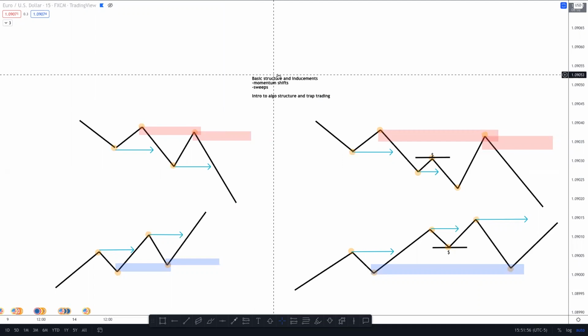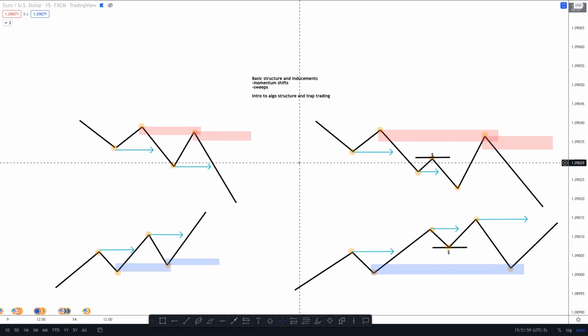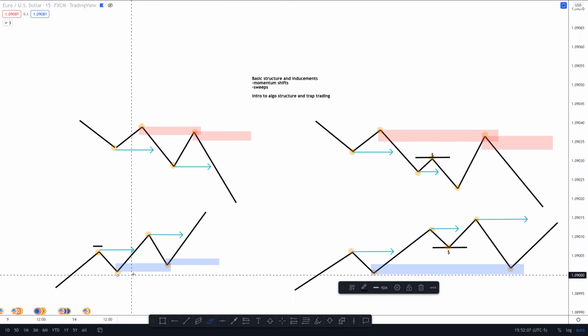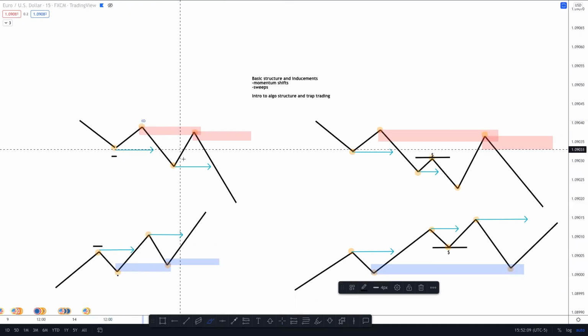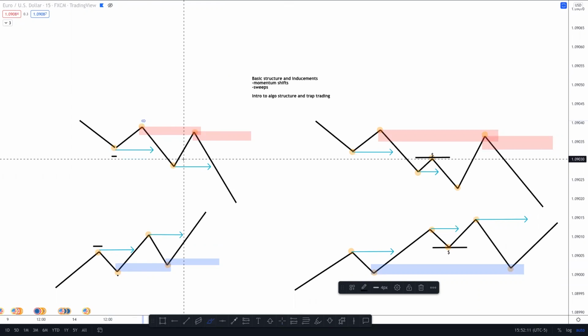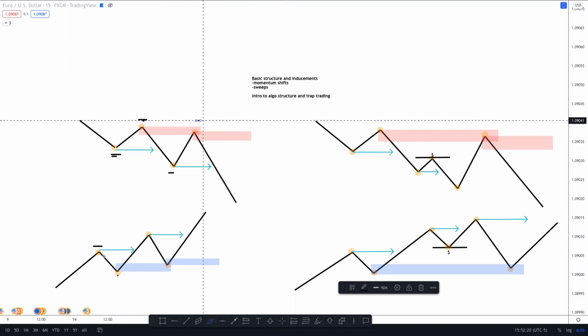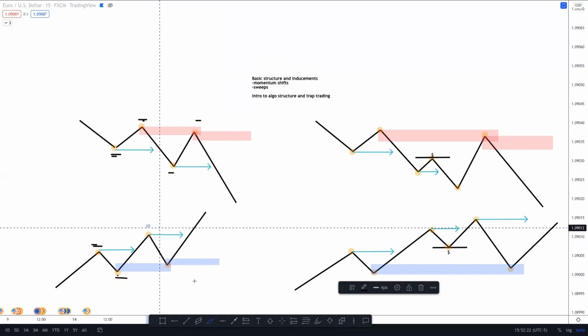Anyways, going into what basic market structure is, it's not that hard. What we are always looking for, right, are higher highs and higher lows, and or lower lows and lower highs for pro continuation trades, right? When we are looking for continuations in the market, we need to see the market making lower lows and lower highs, and or higher highs and higher lows.